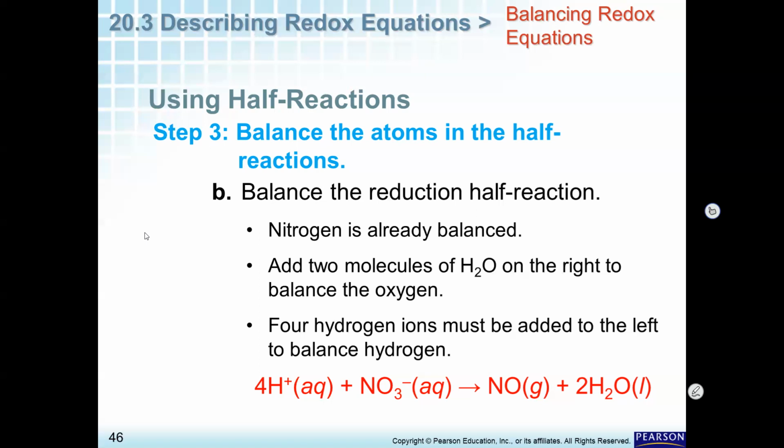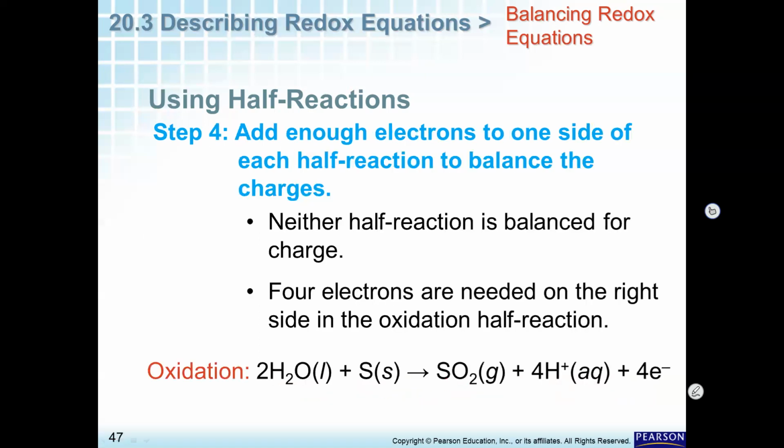طيب، إذا أصبح عندنا هذا half reaction وهذاك other half reaction. What is step number 5؟ I need to balance each half reaction for charges. شو يعني charges؟ طب ما هو قبل ما نضيفها، in this side we have water which is neutral, sulfur neutral, SO3 neutral، في 4H plus.